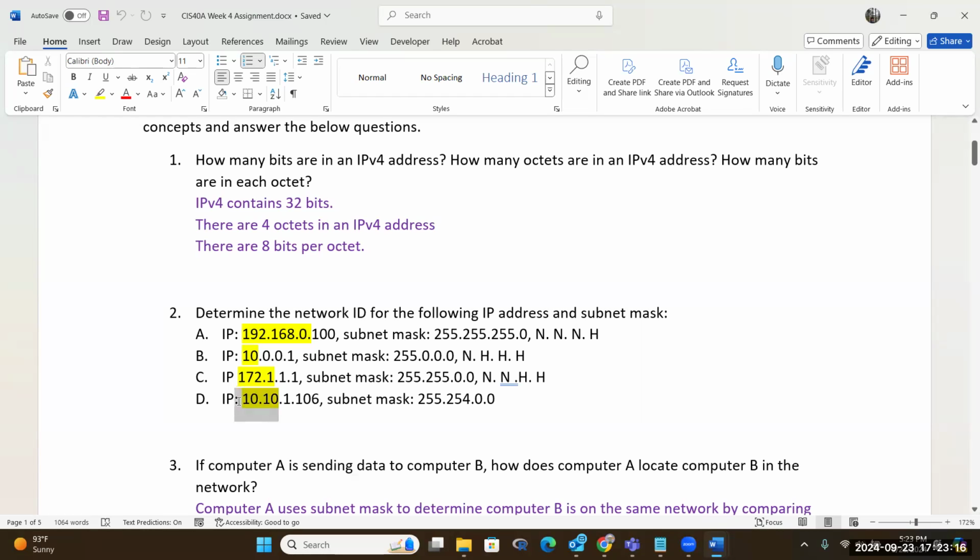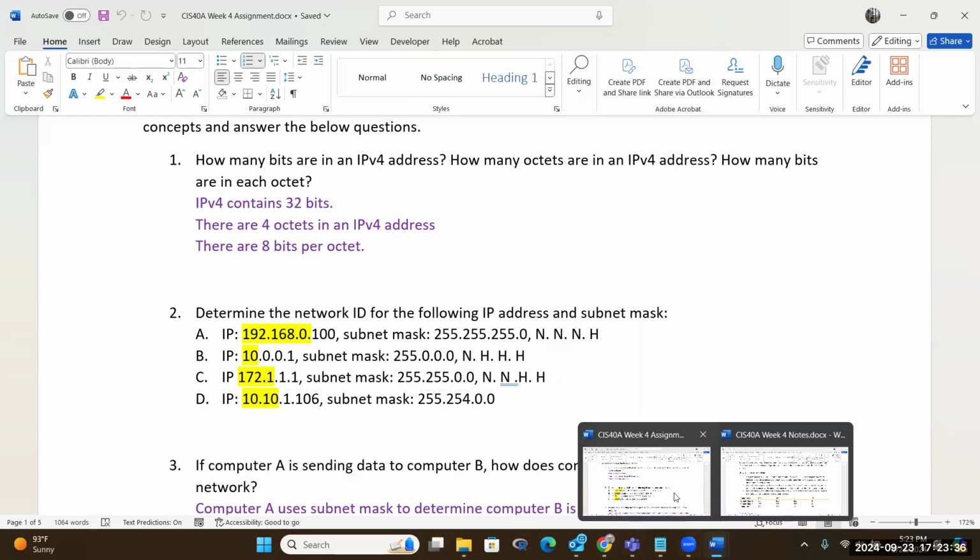So that means that the first two octets are your network ID. So the 255, 254, the values indicating which bits are on, are important. Okay, question. All right. So we'll see something similar for the quiz and exam.